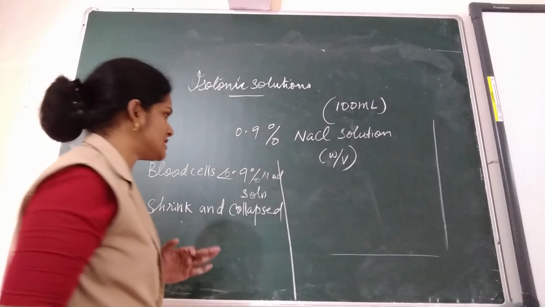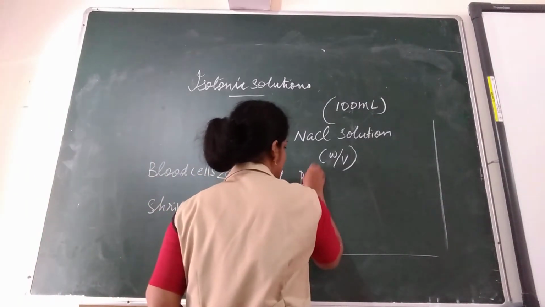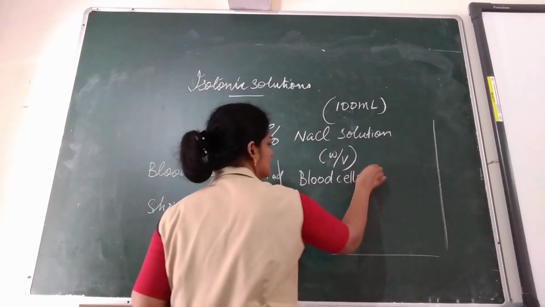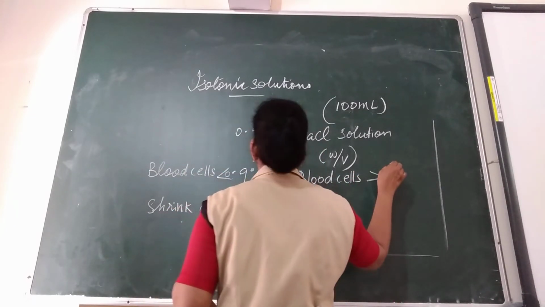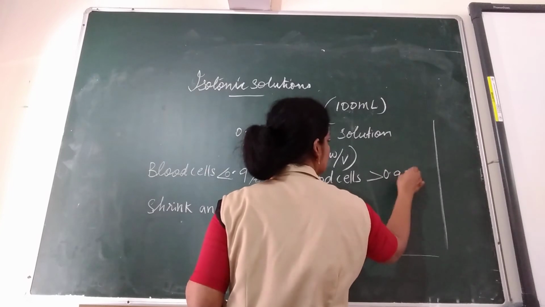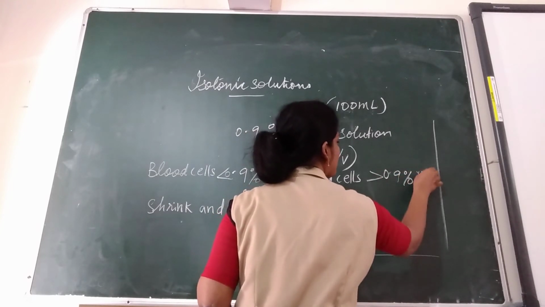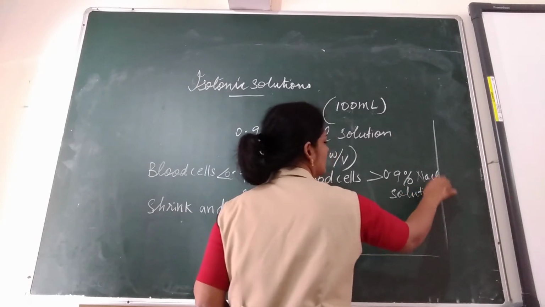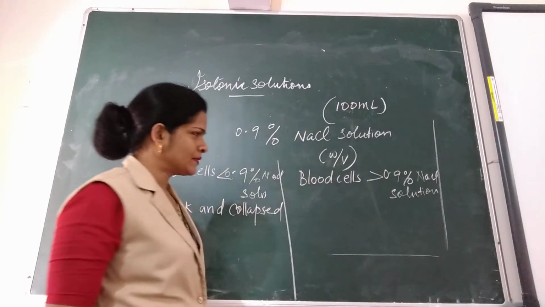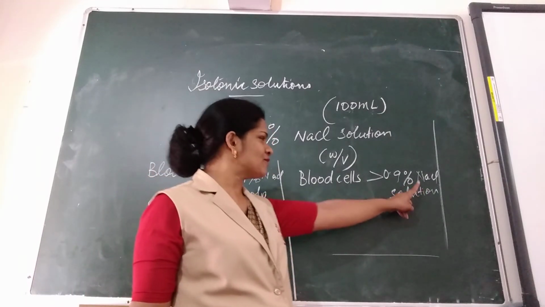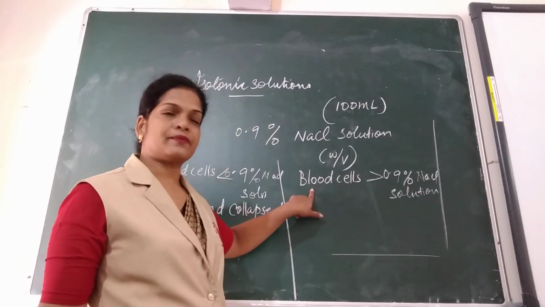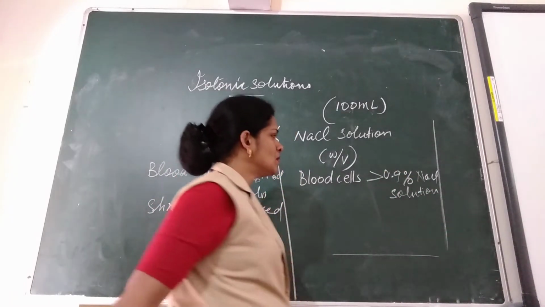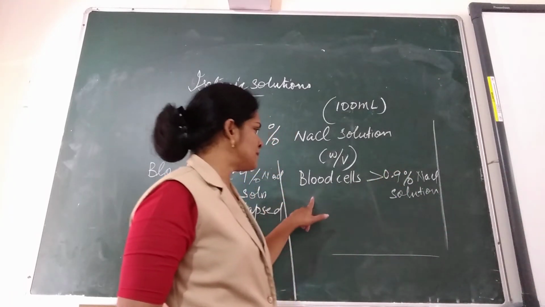You consider the other situation, that is blood cells are having higher concentration. Now what happens? Solvent from the 0.9% NaCl solution will be moving to these blood cells.